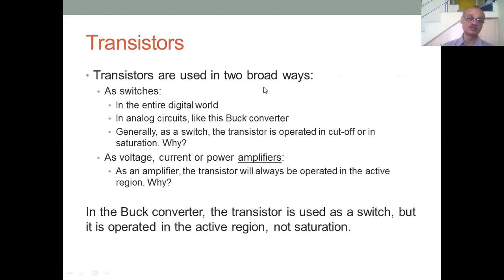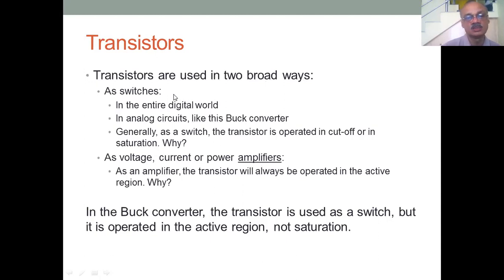Well, before that, so here is a kind of broad overview of how transistors are used in the world. So they are used primarily in two ways, either as switches, which is just as on and off, in which case, well, the entire digital world uses transistors as switches.